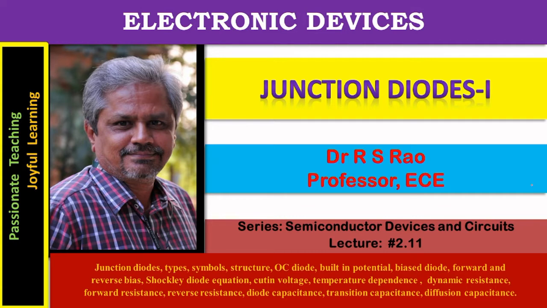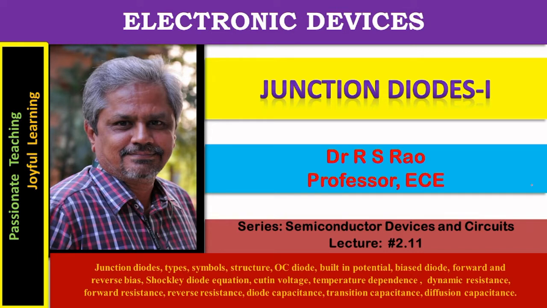These are unilateral devices. It means when current tries to flow in one direction through the device, they offer small resistance, but when the same current tries to flow in the opposite direction, they offer very high resistance.